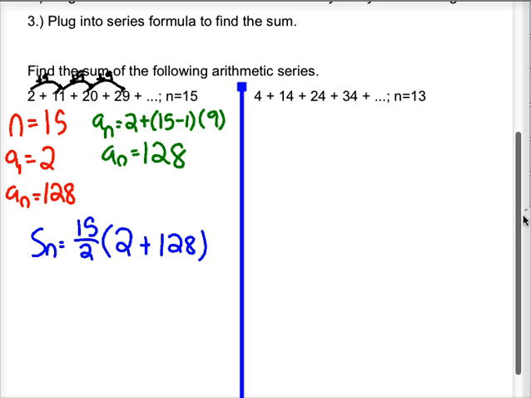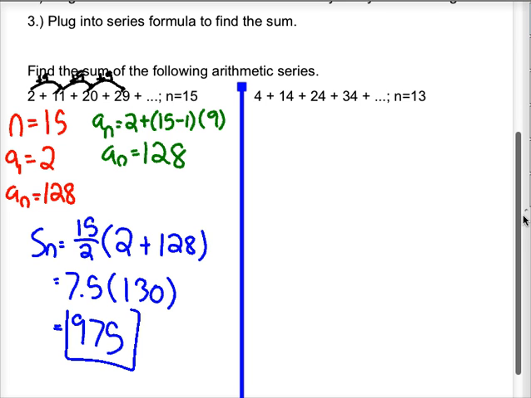Well, 15 divided by 2 is 7.5 times 130. Well, 7.5 times 130 is going to give me 975.